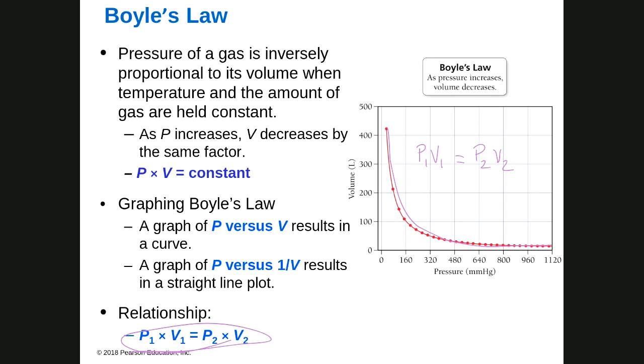So P times V is constant. So this number is going to have to be equal to that number. So what that allows me to do is if I have a P and a V and I change P, then I can calculate V by just setting those two things together.